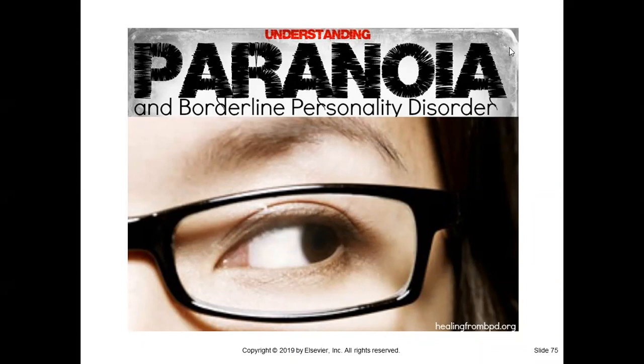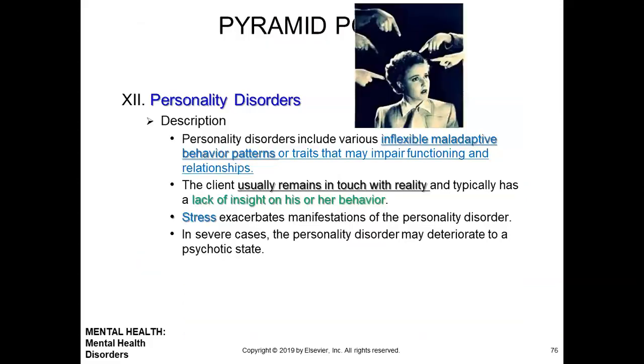Borderline personality is actually a group of disorders like antisocial, paranoid, narcissistic, histrionic, or borderline. Let me explain one by one. First, the basic information about personality disorder.